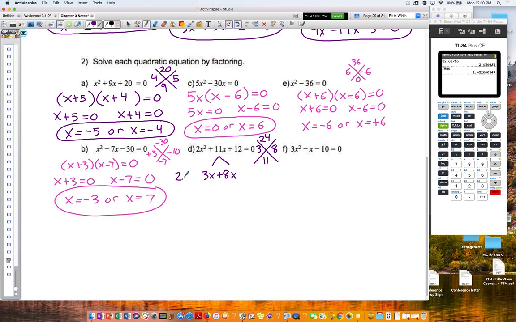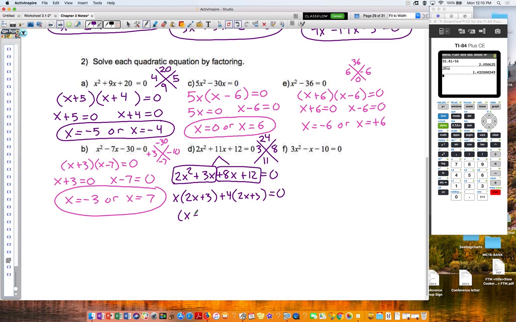Bring down the first term, 2x squared. Bring down the last term, 12. And then I do what I did in C, I factor out what they have in common. So this has an x in common, 2x plus 3. This has a 4 in common. Notice how you'll have 2x plus 3. This works only if they're the same inside the parentheses.